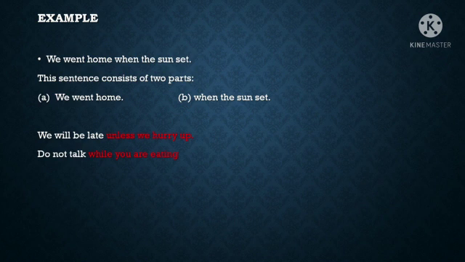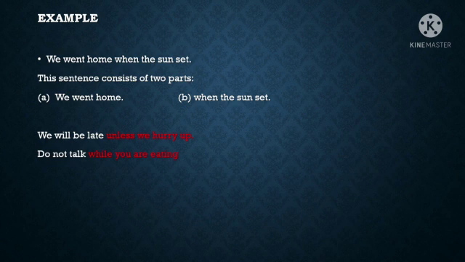So the clause when the sun set cannot make sense by itself and cannot therefore stand alone, right? When the sun set cannot make sense by itself, so it is a subordinate clause. It depends for its full meaning on the main clause, which is we went home here.